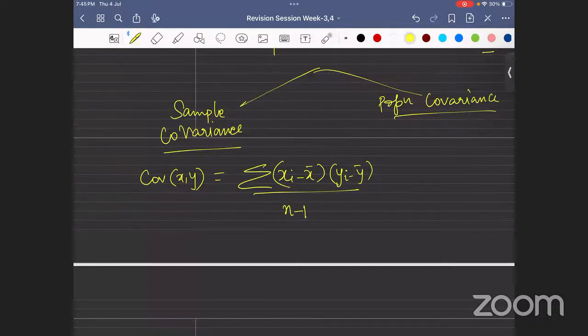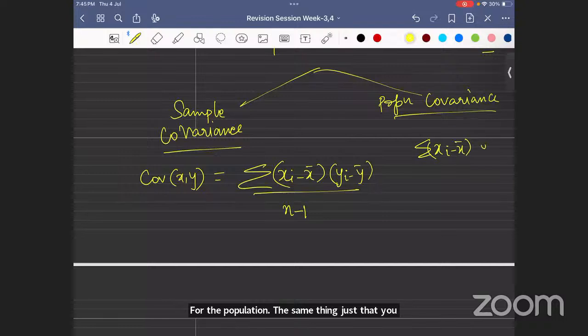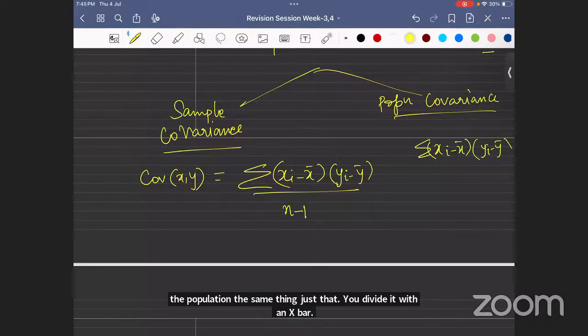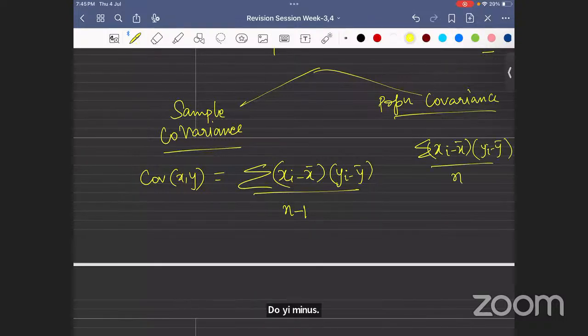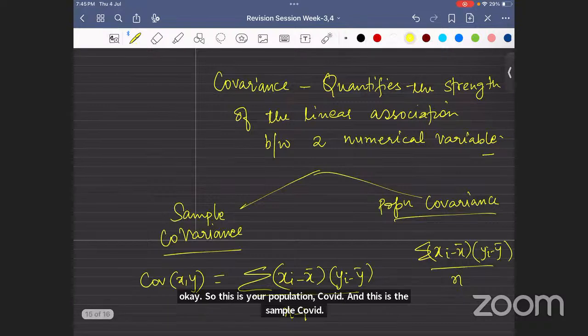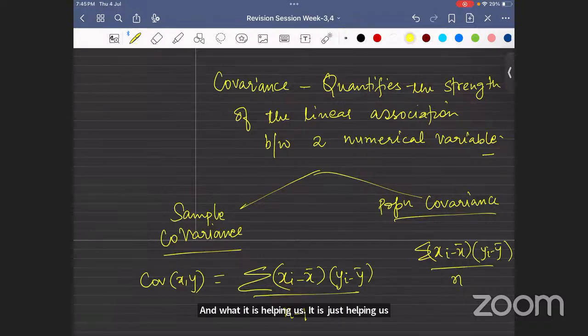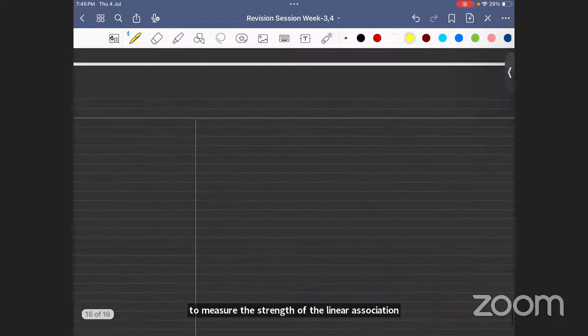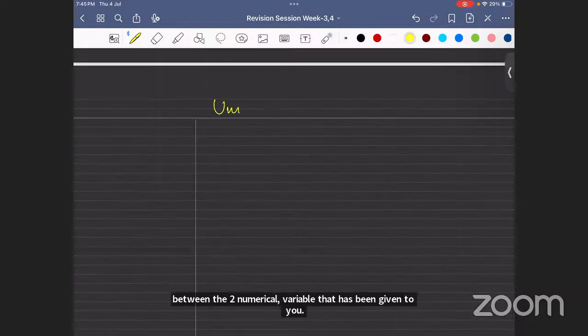For the population it is the same thing, just that you divide by n, the sum of xi minus x bar into yi minus y bar, upon n. So this is your population covariance and this is the sample covariance. It helps us quantify the strength of the linear association between the two numerical variables that have been given to you. And what is the unit of the covariance?